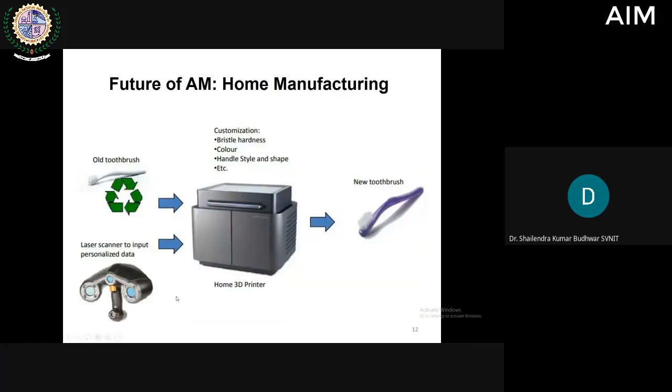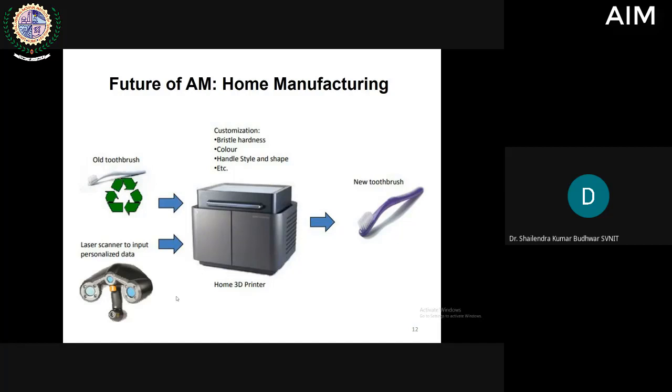And as I told you, the future of additive manufacturing is home manufacturing. In coming days, it may be possible that the 3D printer may become your home appliance, just like your refrigerator, washing machine, AC. And you can fabricate any type of plastic or polymeric part. You can take the example of an old toothbrush.